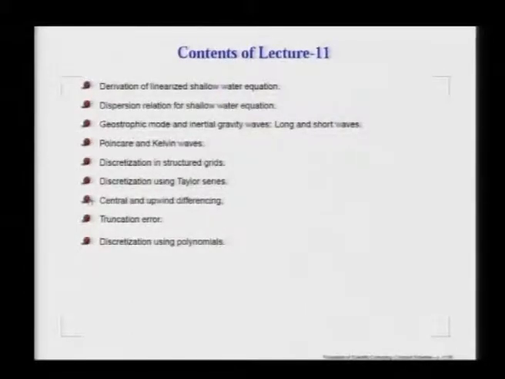There would be some discretization which are central in nature. So, the discretized equations have some symmetry, or if they are asymmetric, we will call those as upwind differencing. We will next touch upon truncation error of these discretization methods, and we will show that different types of discretization, through the truncation error, have different numerical effects.